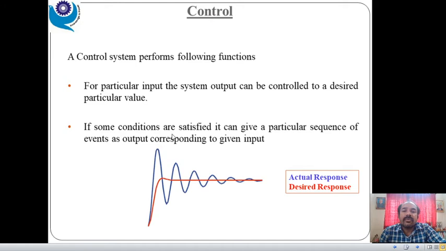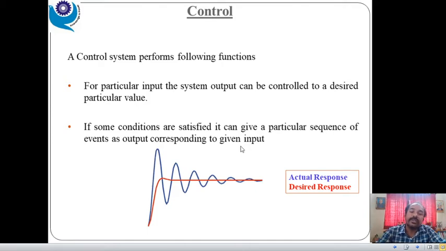Over here, see the first point: for a particular input, the system output can be controlled to a desired value. Based on the input, we can control the outputs. Second, if some conditions are satisfied, it can give a particular sequence of events as output corresponding to the given input.